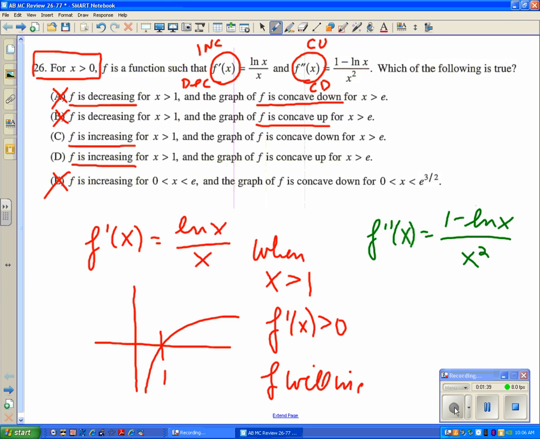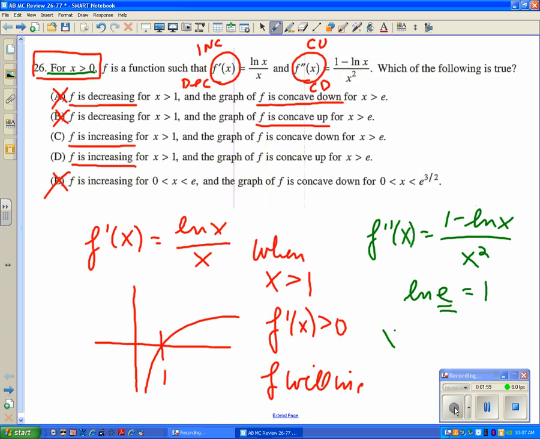We've got a positive denominator again, because we know the x's are always positive. The numerator will equal 0 when e goes in for x, because the natural log of e, of course, is 1, and 1 minus 1 would give us 0 up top.